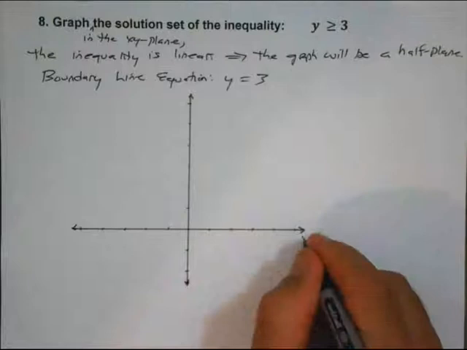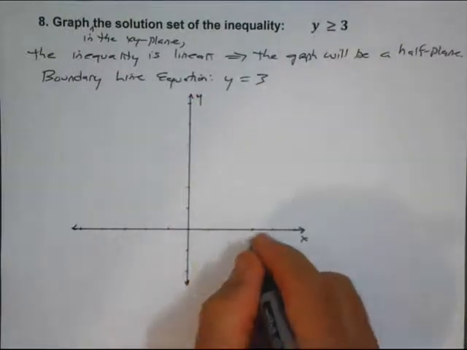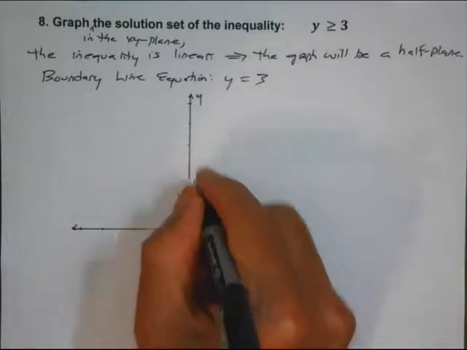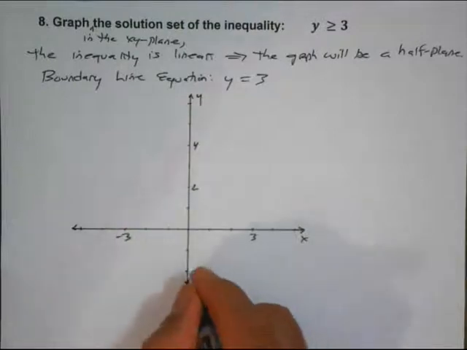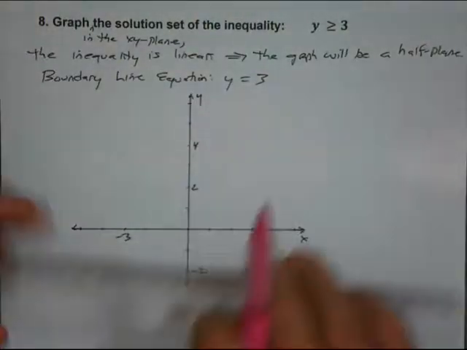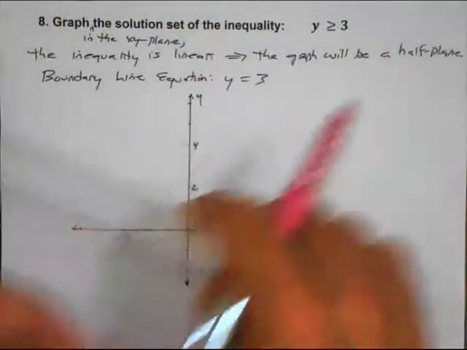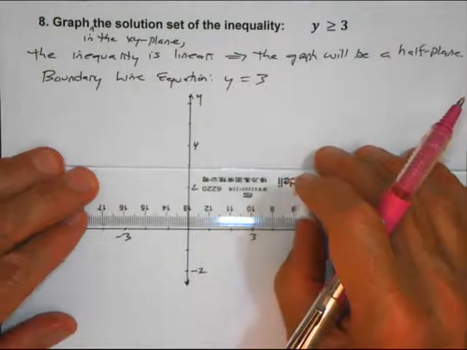Label axes, x, y, scale axes. 3, I'll say 2, 4, negative 3, negative 2. Okay, now a contrasting color for this boundary line. It's at y equal to 3. And let's see here, solid or dashed line.